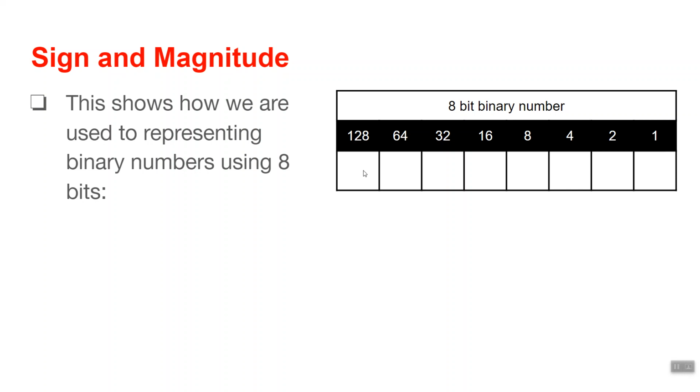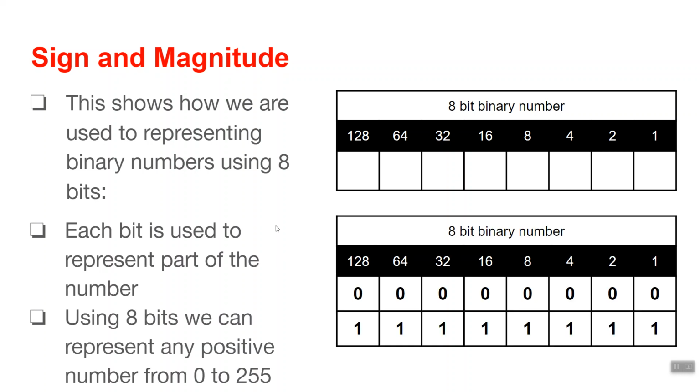We know that by changing each one of these bits to a 1 or a 0, we can produce a different value. In fact, we can produce any value in the range between 0, with all the bits switched off, and 255, with all the bits switched on. So 0 to 255, 256 values in total. Hopefully that's something that you're used to and comfortable with.